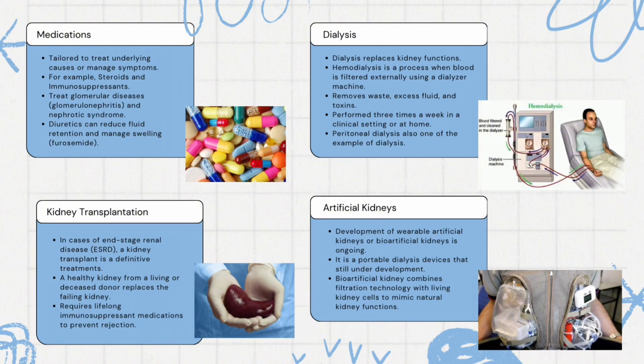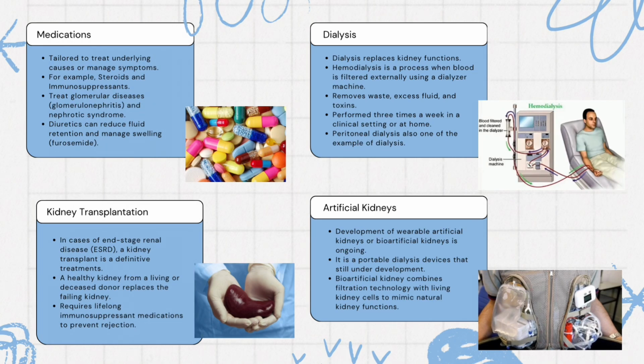In cases of end-stage renal disease, or ESRD, a kidney transplant is a definitive treatment. A healthy kidney from a living or deceased donor replaces the failing kidney. It requires lifelong immunosuppressant medications to prevent rejection. Development of wearable artificial kidneys and bioartificial kidneys is ongoing.